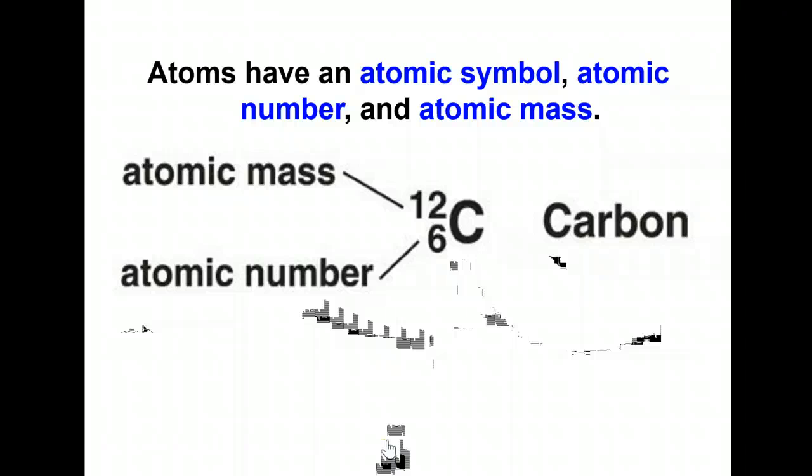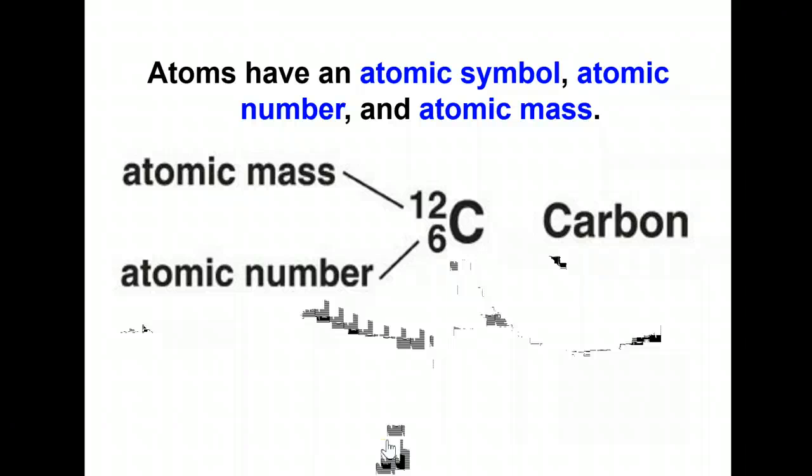The bottom number is the atomic number, which equals the number of protons. So using this information, we can say that carbon has an atomic mass of 12 and an atomic number of 6. This means carbon has 6 protons, given by its atomic number, and 6 neutrons.